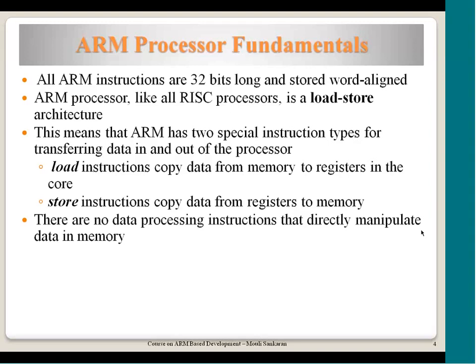Once the result is written back into a register, it has to be written back into the memory, wherever the result is supposed to go, by using a store instruction. So addition cannot be performed directly by picking up an operand from memory, whereas CISC processors support that.